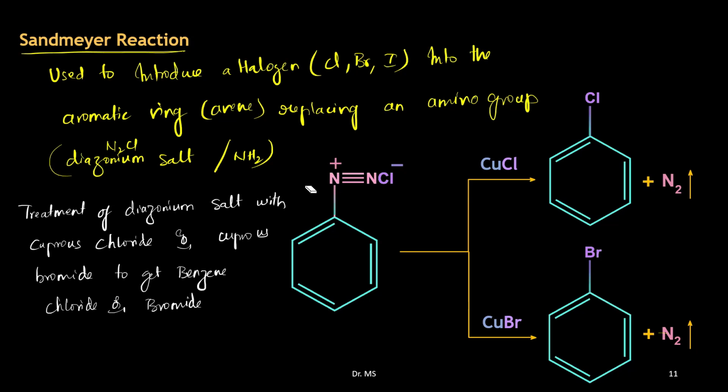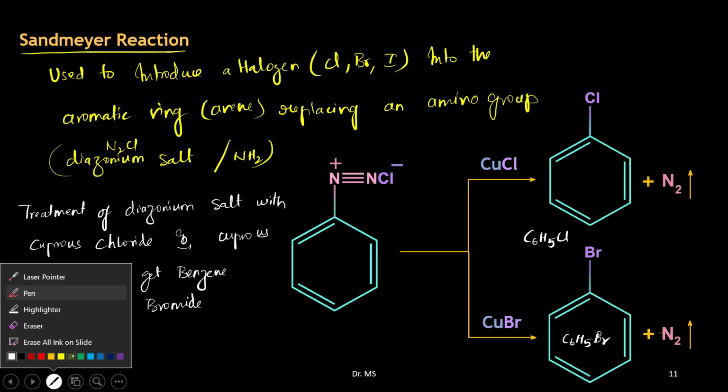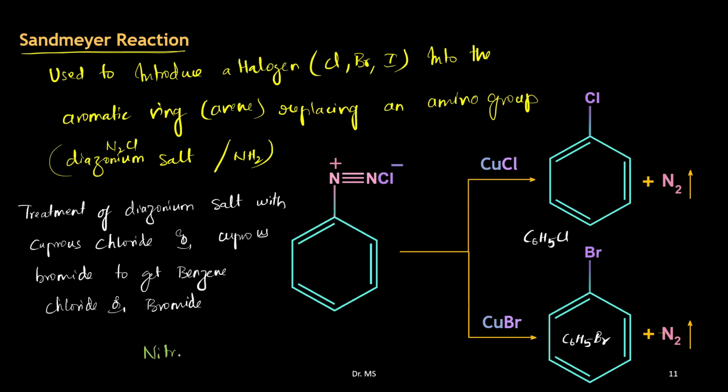This reaction we call the Sandmeyer reaction. So remember this. This is nothing but C6H5Cl. They may give a question like this. C6H5Cl, you don't think it's something else, it's benzene chloride. Or you can say C6H5Br. And remember, in this, nitrogen gas N2 is the byproduct.